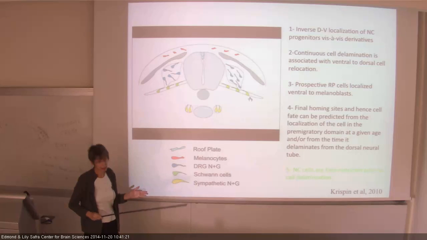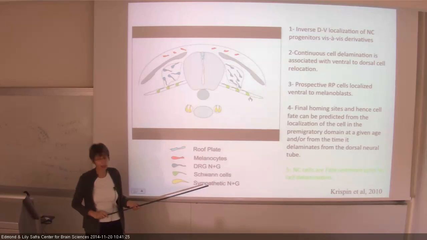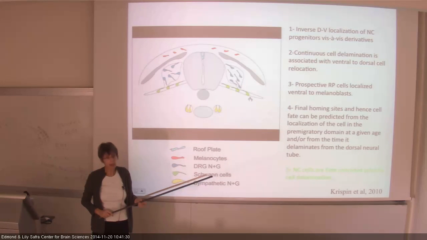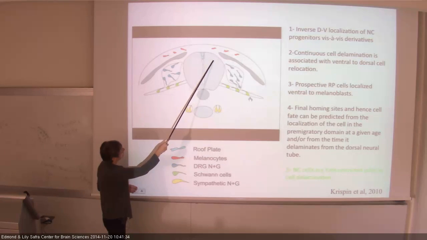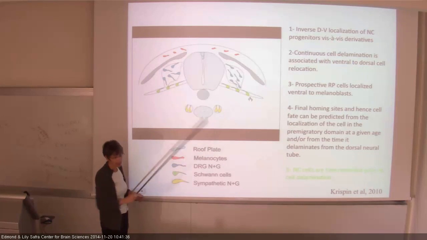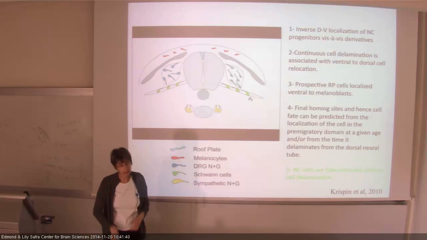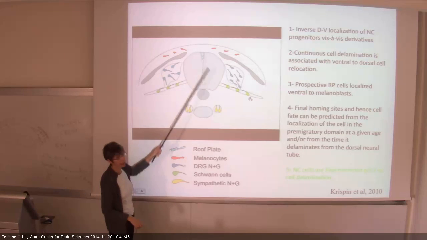And once you have this, the roof plate becomes a very crucial central organizer, because the roof plate is going to continue secreting BMP, and it is going to act upon the lateral cells here and to create all the interneurons that you have in the CNS. DI1, DI2, DI3, 4, 5, and 6. All the interneuronal types that you have are induced by this structure, which is the roof plate.